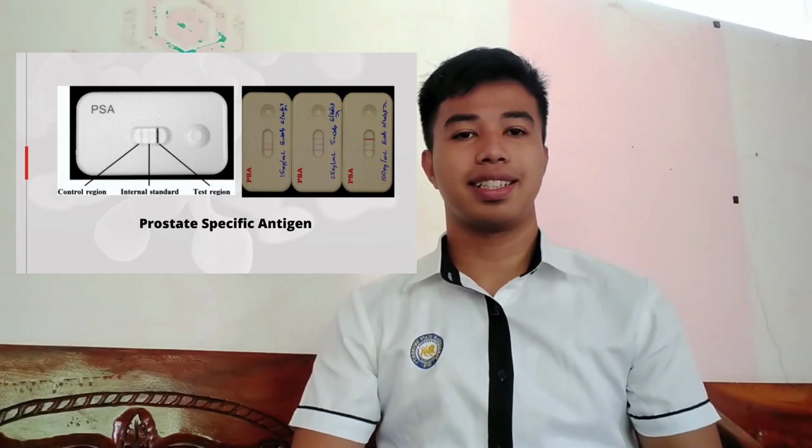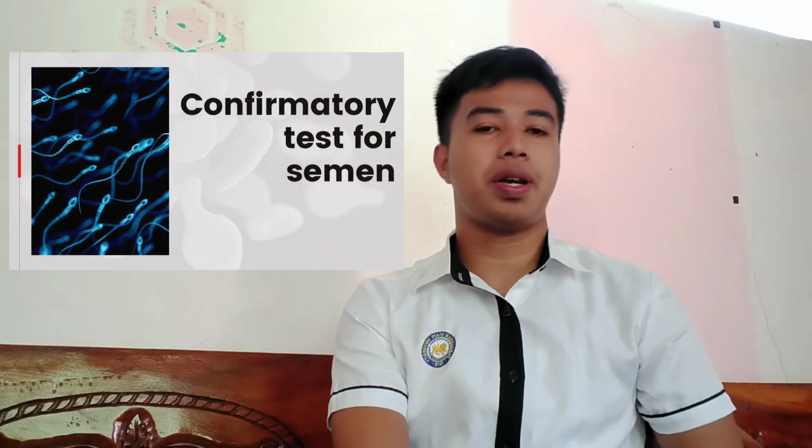So we need to go to the confirmatory test for semen. The first test is the Christmas tree stain. The Christmas tree stain is a staining technique used to visualize sperm cells. It is named so because the different parts of the sperm cells take up different colors, which simplifies microscopic identification.